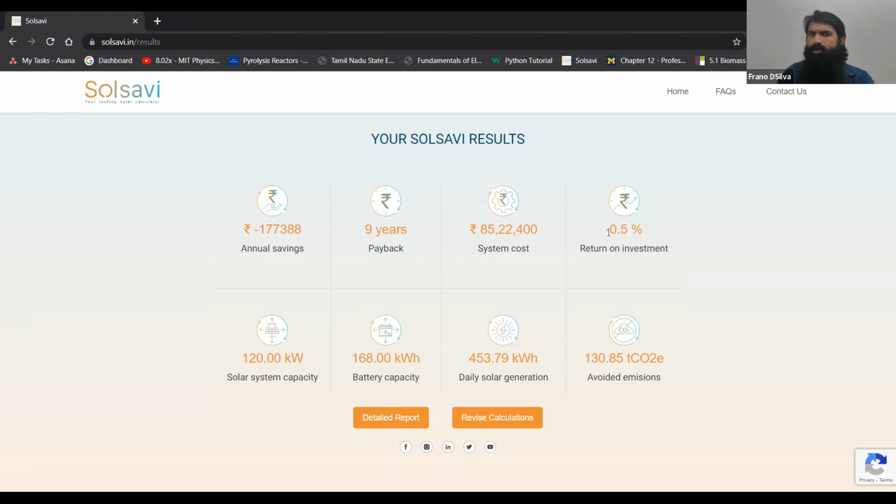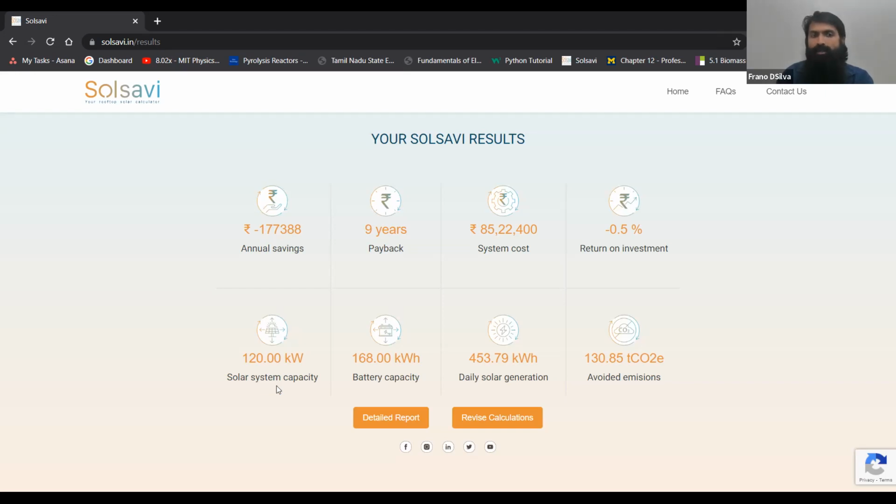Usually a negative return on investment would indicate a not so good investment. However, if you look at the magnitude of the return on investment, the magnitude also indicates that we have an area of improvement that could make this investment profitable.